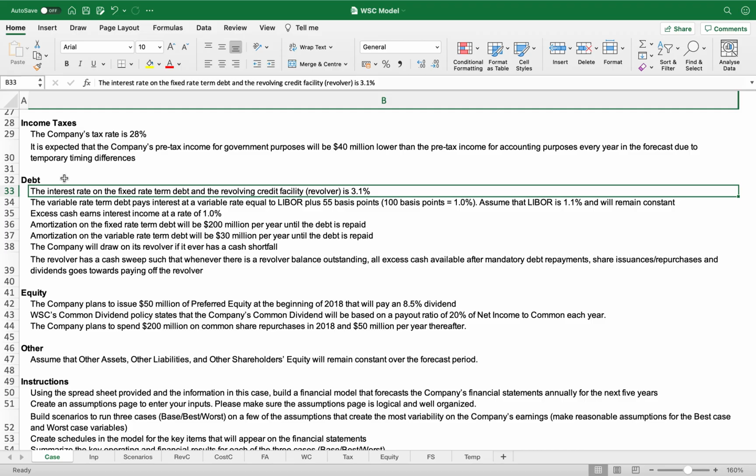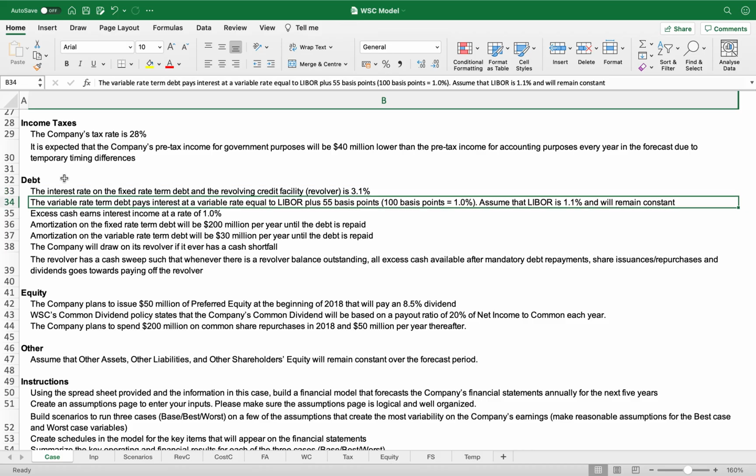But then what on earth is revolver? We will talk about this revolver concept while we are doing the debt computations. Just hold on to this revolver concept, and we'll do this once we are done with some of the computations. Okay, fair enough.